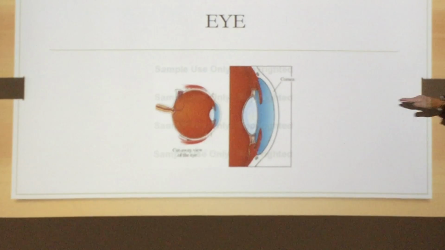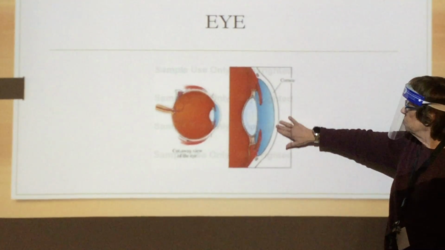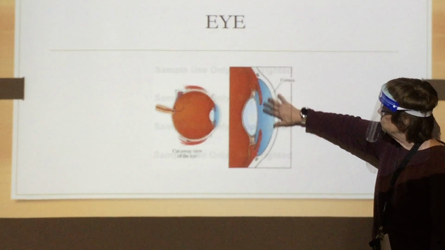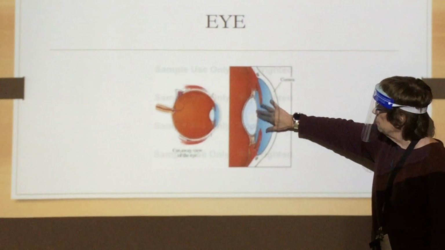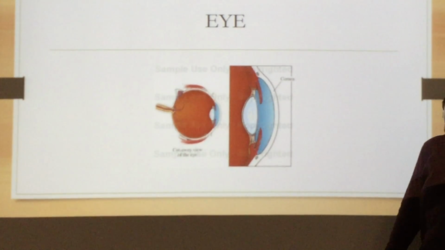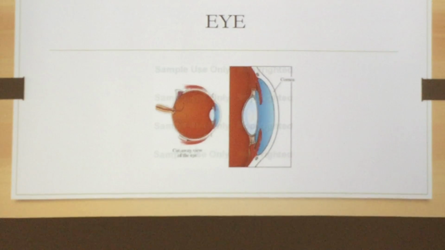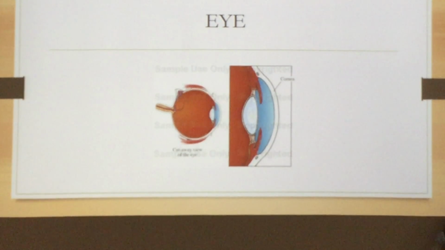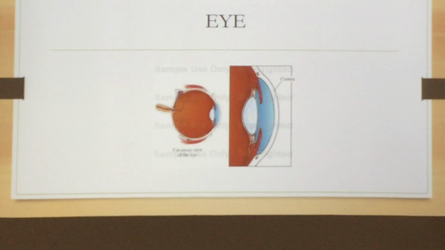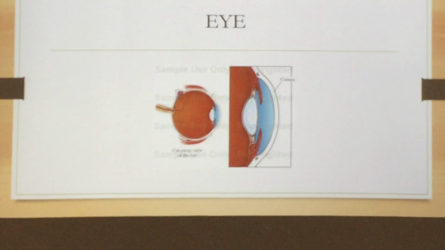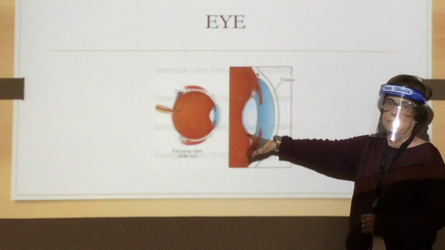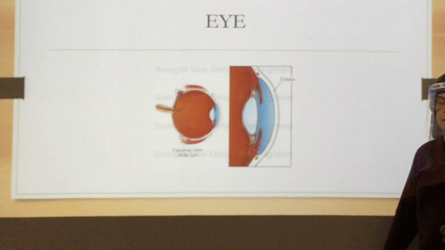So, light comes in, passes through the cornea, passes through the anterior chamber, passes through the aqueous humor, it passes through the hole that is called the pupil. Okay? Pupil is surrounded by a colored membrane called the iris. That's what gives our eyes its color. Okay? So then it's going to go through the lens. Okay?